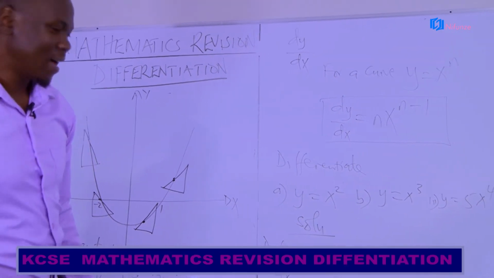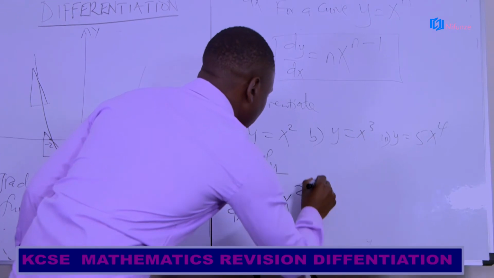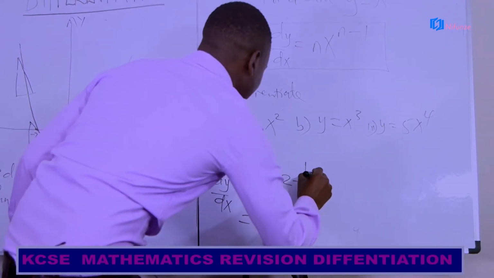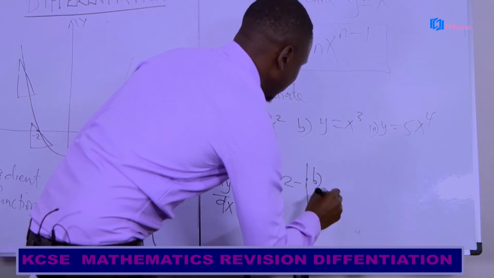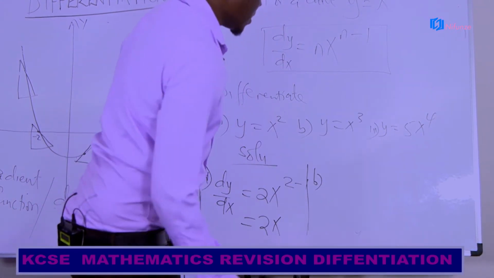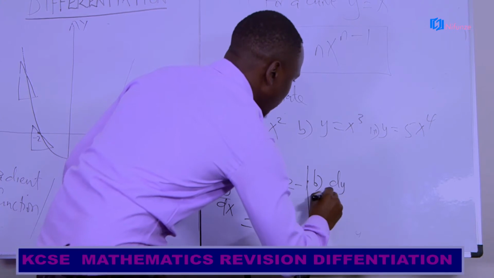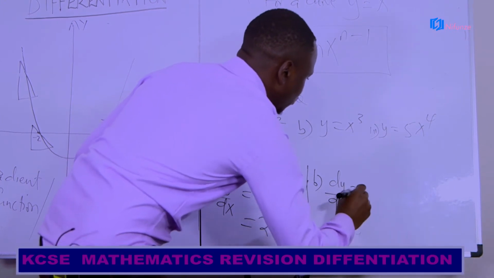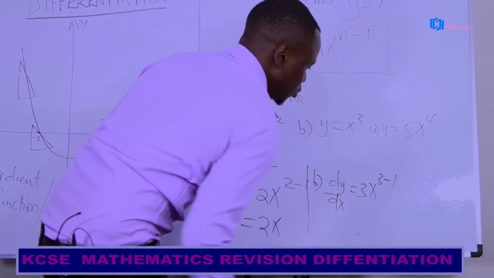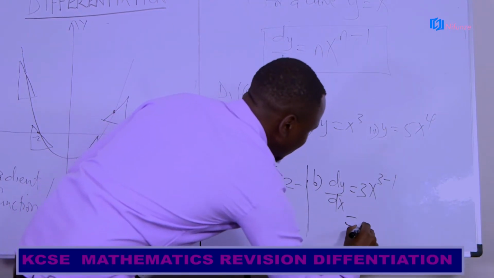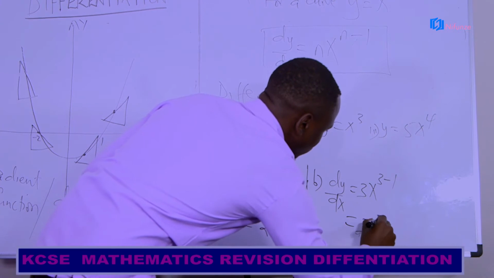And you are done. When we come to the second case, that's b, y is x cubed. n is 3. So dy over dx is equal to 3x raised power 3 minus 1, which will give us 3x squared.